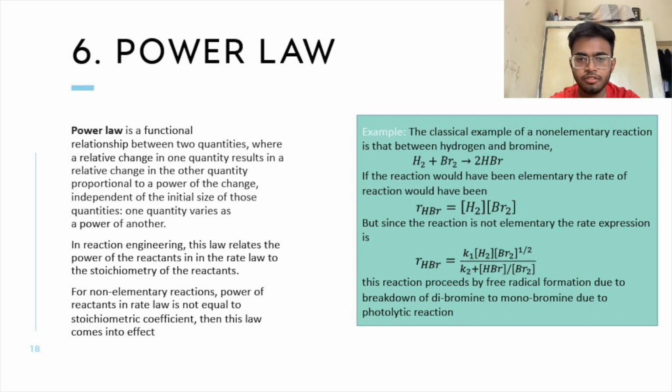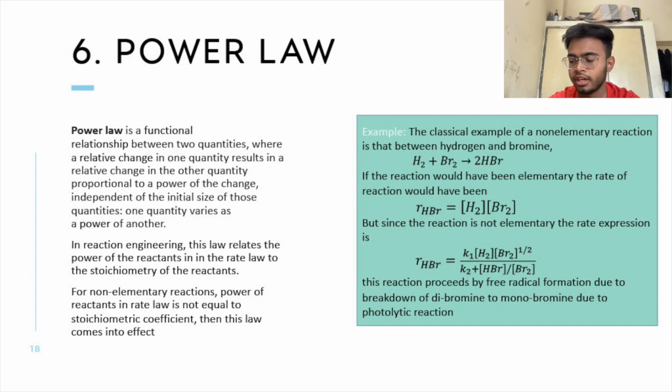If the reaction were elementary, the rate of reaction of HBr would simply be proportional to the concentration of hydrogen times the concentration of bromine. But since we know from practical data that the reaction is non-elementary, the rate expression is given as this expression.